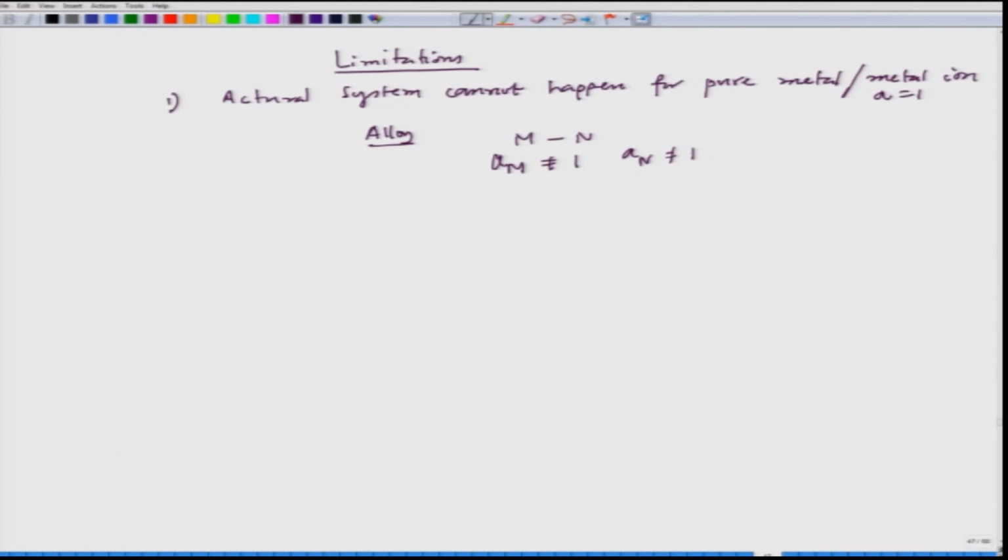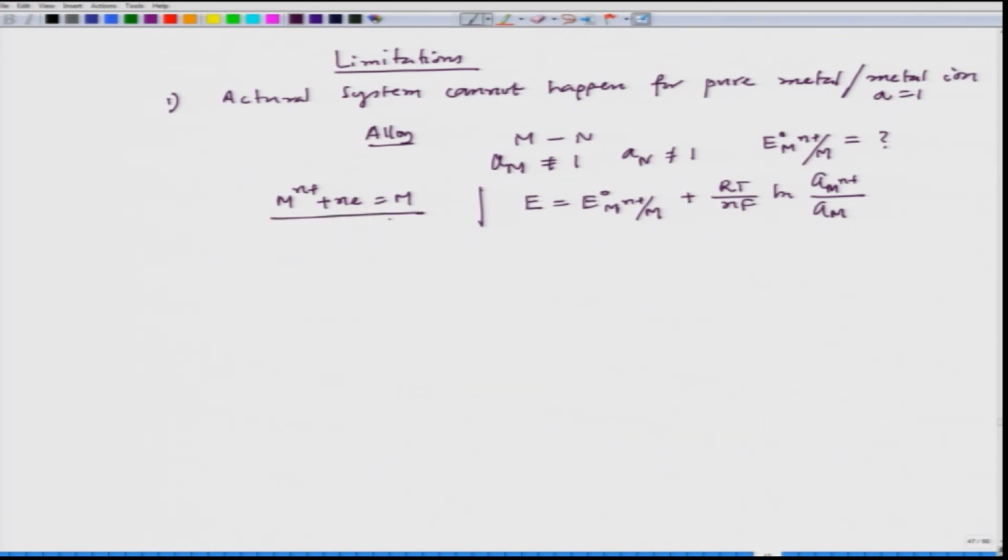In that case, if I try to find out E0 for M N plus M, or N plus M, we cannot find it out, because if I try to see the Nernst equation, provided we have these reactions, this is not equal to 1 since it is an alloy, and this is also not equal to 1.